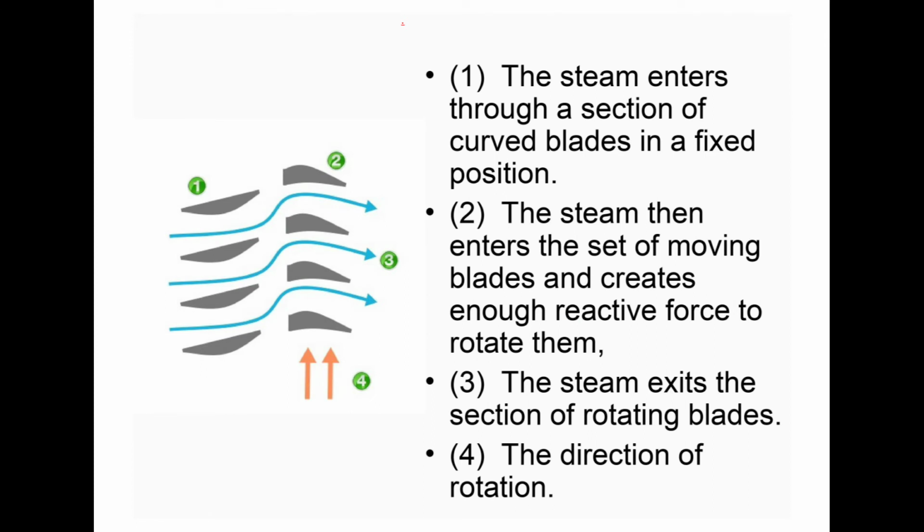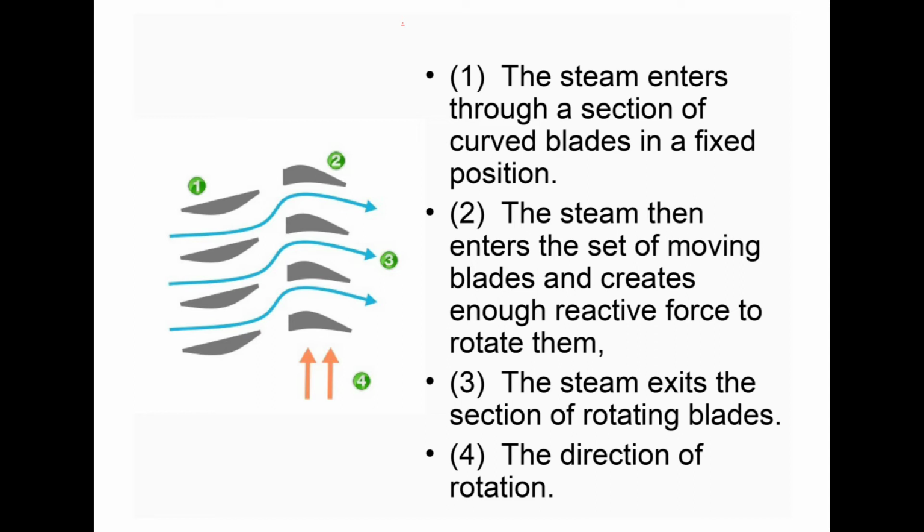The left hand side shows the guided plate, and the right hand side represents the rotor blade. Here the number 1 represents that the steam enters through the section of curved plate in a fixed position.